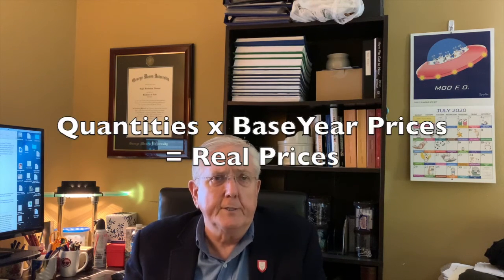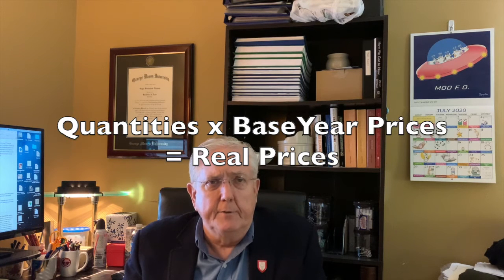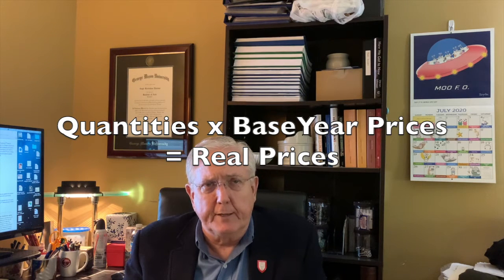But now we're going to take each of the years after that, say 2014 and 2015, and adjust those based on the prices from 2013, and those will create real values. And we're then going to use our formula to adjust that and come up with a price index. Let's look at the consumer price index for 2013 and the consumer price index for 2015.